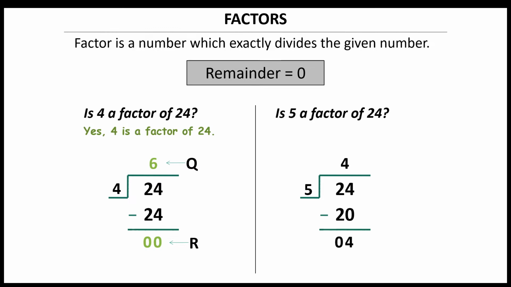So the quotient is 4 and the remainder is 4. Since the remainder is not equal to 0, we can say that 5 is not a factor of 24. That's how we find out if a number is a factor of another or not. So a factor is nothing but an exact divisor of a number.